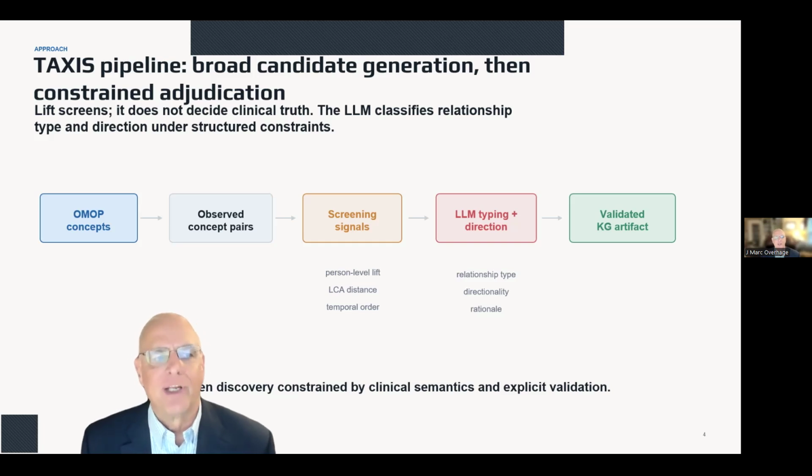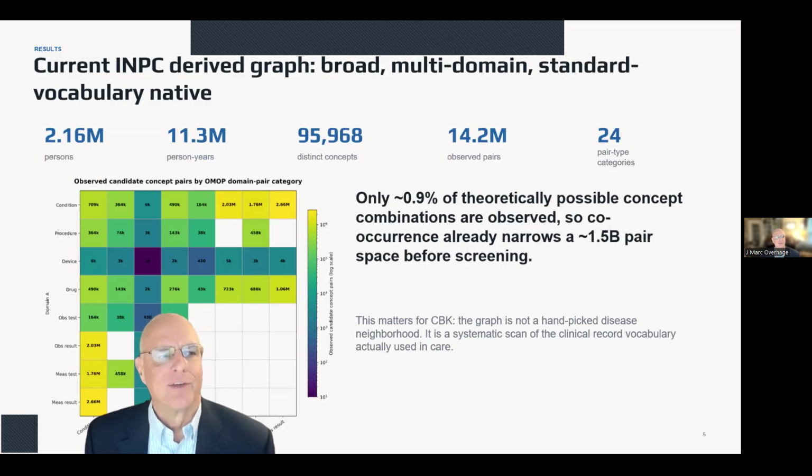Third, it applies screening signals such as lift, semantic distance, and temporal ordering to narrow down candidates. And then it applies large language models under structured constraints to classify the relationship type and direction between pairs of clinical concepts. The output is a candidate knowledge graph artifact with relationship metadata and validation evidence.